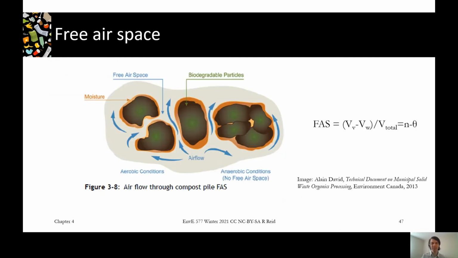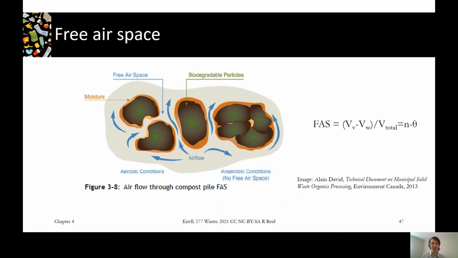And it's not just the amount of airspace in there. The air also needs to be connected to other air. If there's a pocket of air that's not connected, it's just like a little bubble in there, that oxygen is going to get used up really quickly and not maintained. So we have another metric called free airspace, which describes the interconnectedness of these airspaces within the pile.